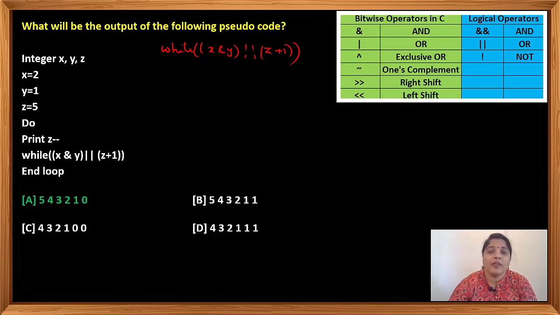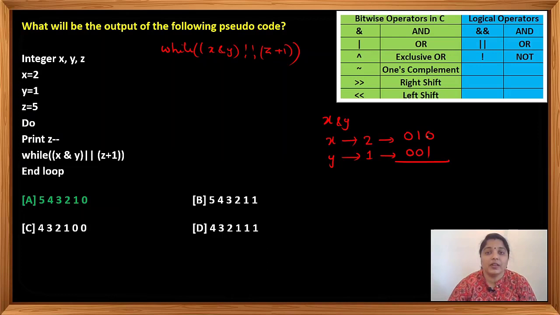Now coming back to our question, we have a bitwise AND. That means we have x and y, so we have to convert x and y into their corresponding binary. X has a value of 2, so its binary is 0, 1, 0. Y is 1, therefore its binary is 0, 0, 1.